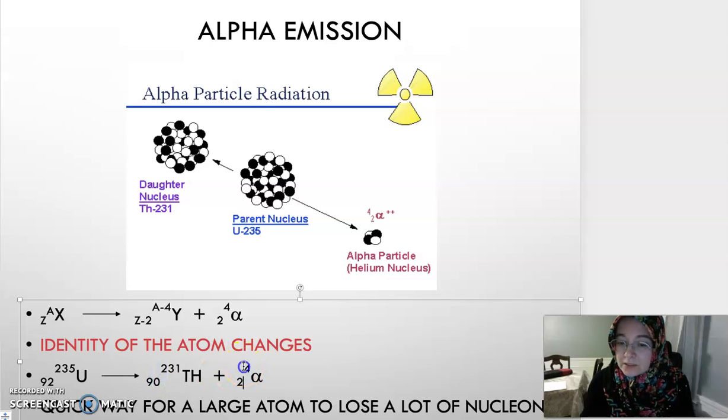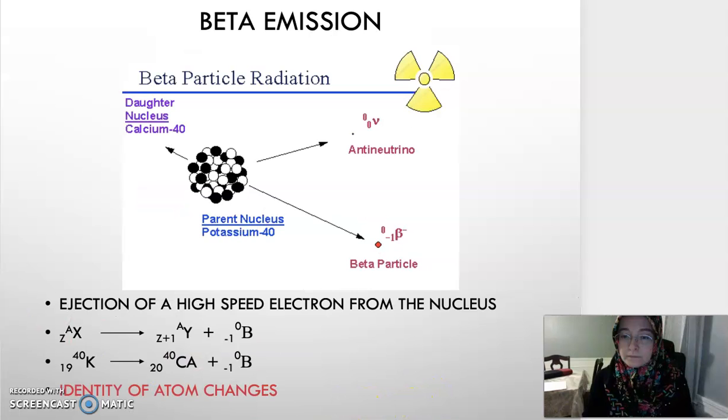You are going to subtract 4 from the mass, 235 minus 4 is 231. So now you have 90 protons, and 90 protons is the thorium element. It was uranium, now it became thorium, and you have 1 extra alpha particle. It is a quick way for a large atom to lose a lot of nucleons. That is how they explain the alpha particle.